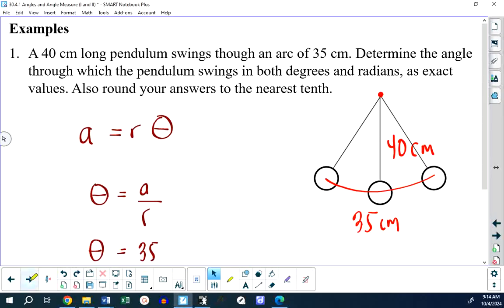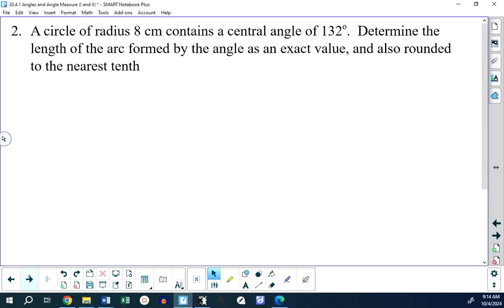Okay. Let's try another one. A circle of radius 8 centimeters contains a central angle of 132. Determine the length of the arc as an exact value and also round it to the nearest tenth. So it's A equals r theta. That means the arc length equals the radius, which is 8, times the angle in radians.